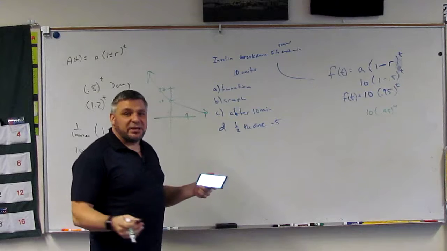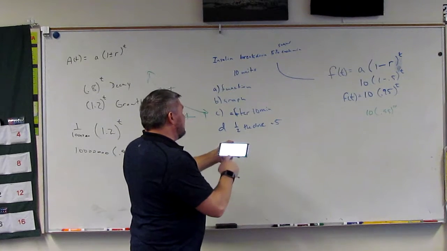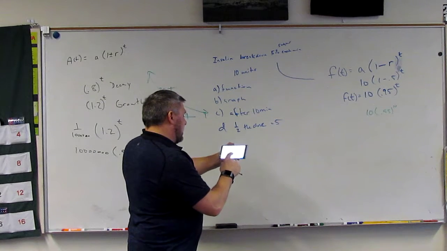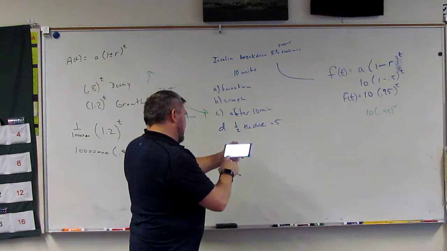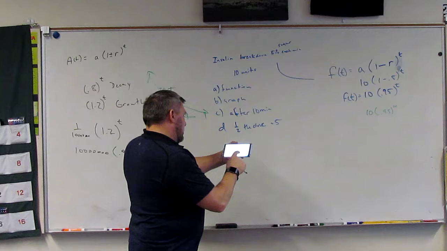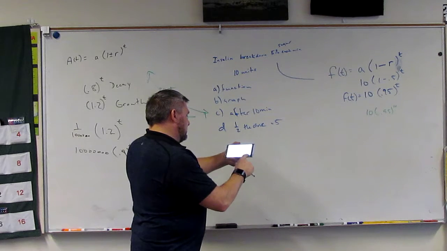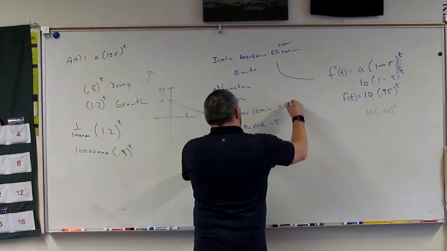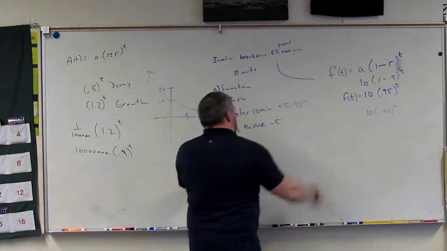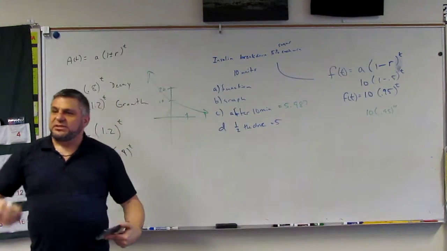So after 10 minutes, I just raise that to the 10. So I go 10 times 0.95 raised to the 10 equals 5.987. That's how much is left.